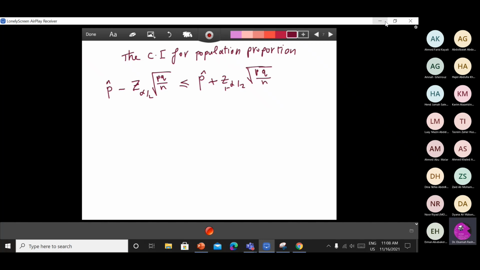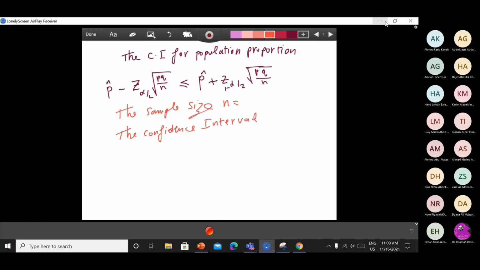So what do I need? The sample size N, and the confidence level or the level of significance, alpha.